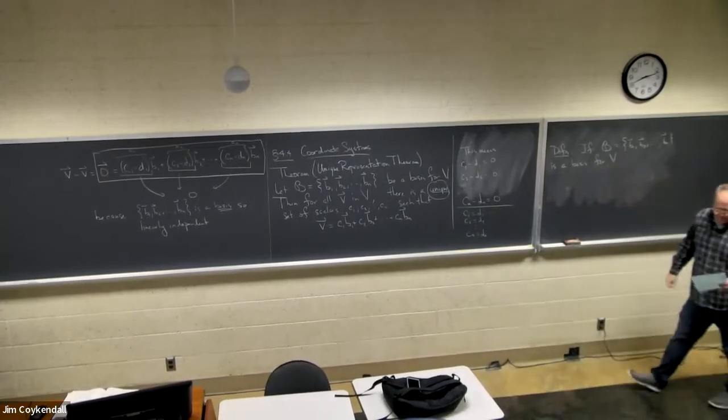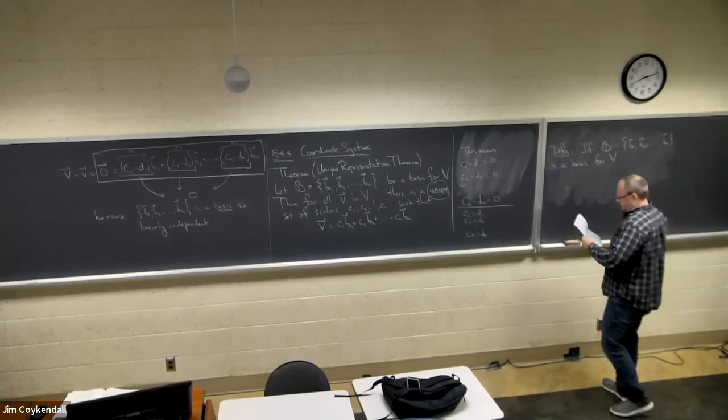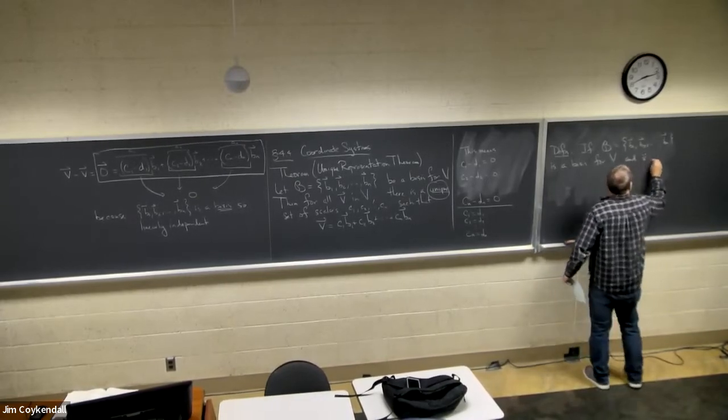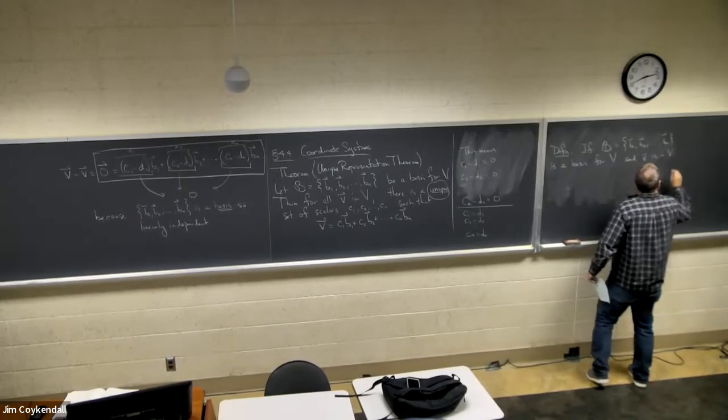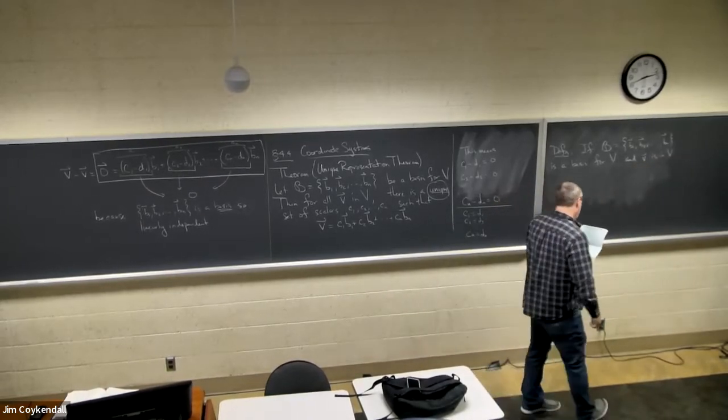Suppose we have a basis fancy B, and suppose b is in B, so this little b is a vector in B.